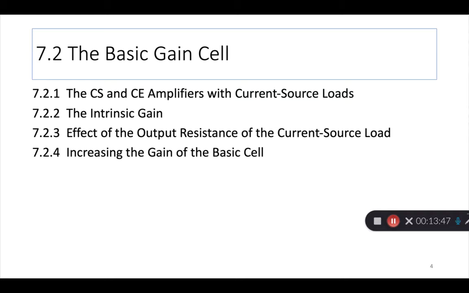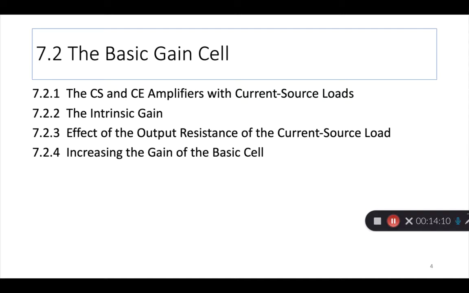So we already know that these are used for gain. Now we have the other configurations like the common base, the common gate, common collector, common drain, CD. These have other functions, particularly they're mostly unity gain, right? The gain is supposed to be 1.